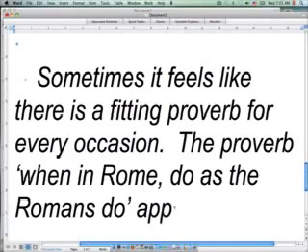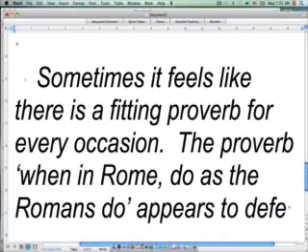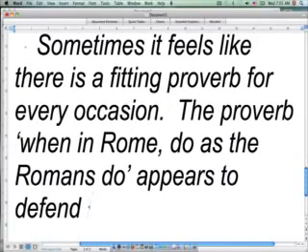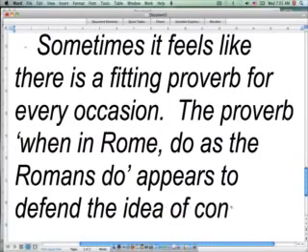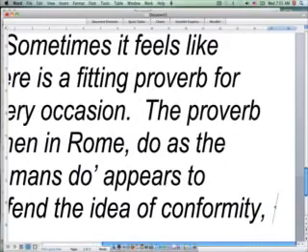So what if we wrote something like, so this appears to defend the idea of conformity. And we're not at the moment saying our opinion of this. If you recall, the first and second sentence of your essay is not so much a comment from you as it is just some background information about your topic.